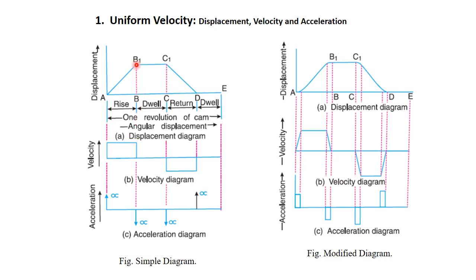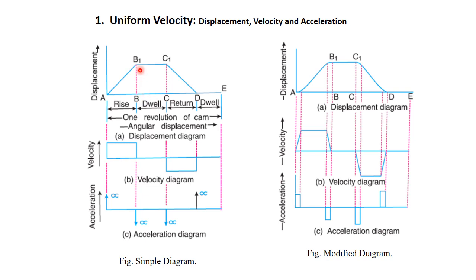Now from B1 to C1, the follower is kept at its position. The follower is not moving from its position. This time where the follower is kept fixed at its position is called the dwell period.